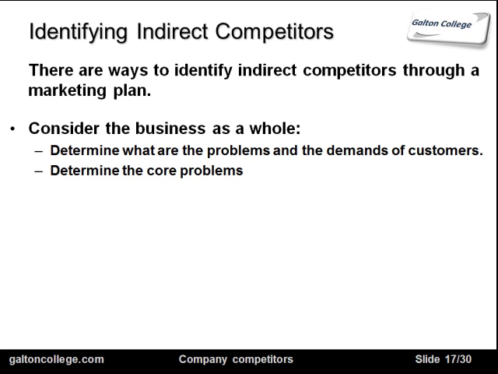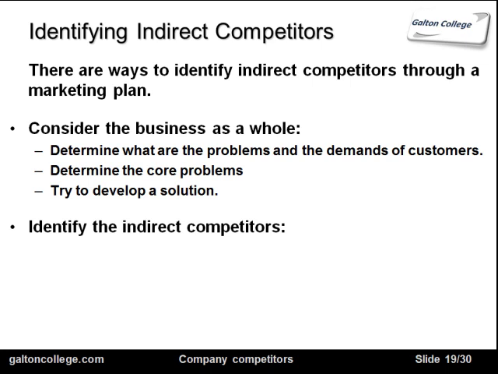Determine what is absolutely core. What are the core problems? What problem does the customer face that is absolutely overwhelming? That's the central problem. And then try to develop a solution to this problem. Try to address the problem.